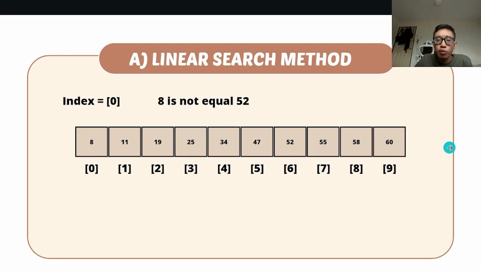So we move to the next step, index 1, which contains 11, but 11 is not equal to 52 either.